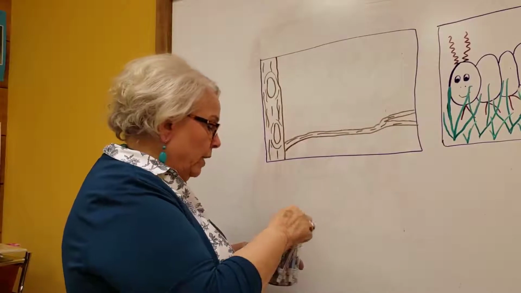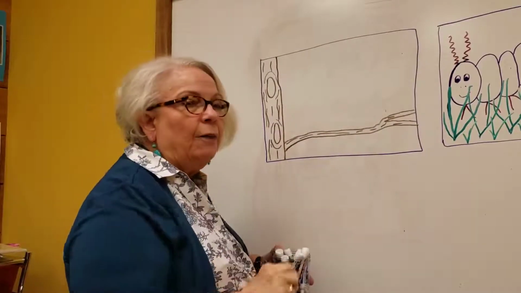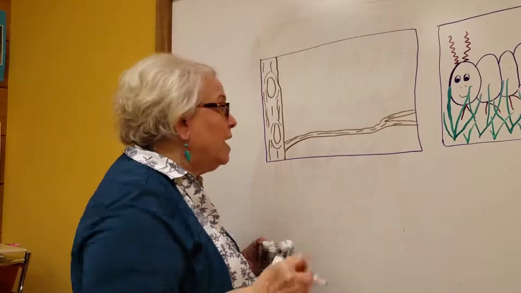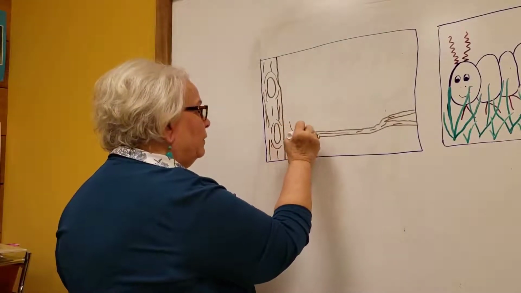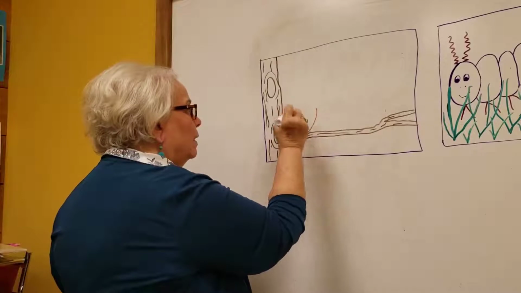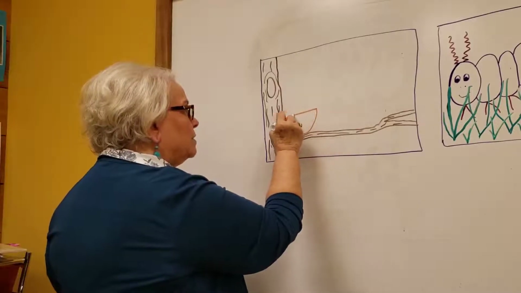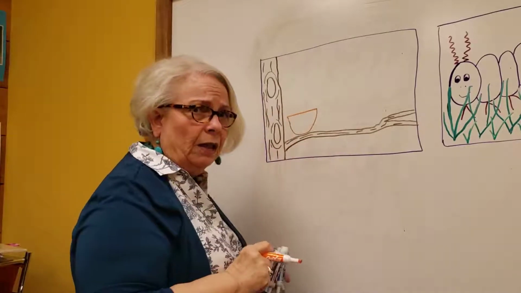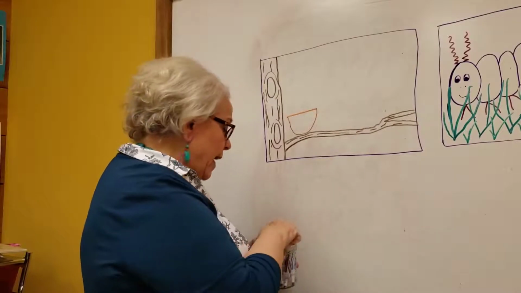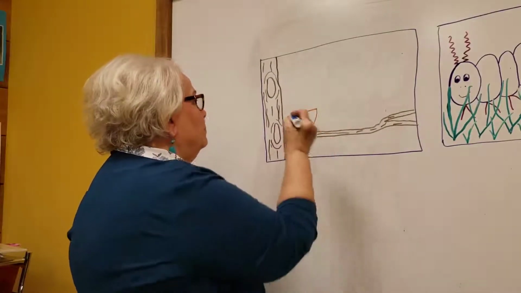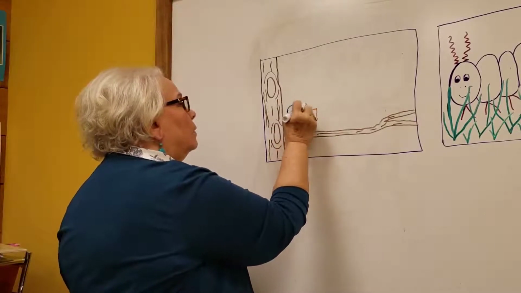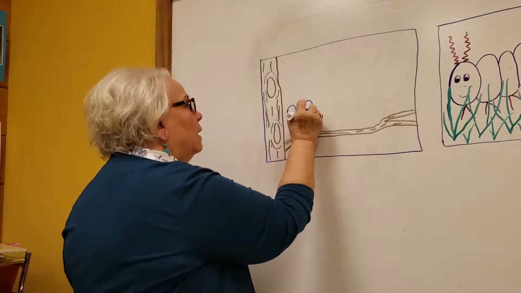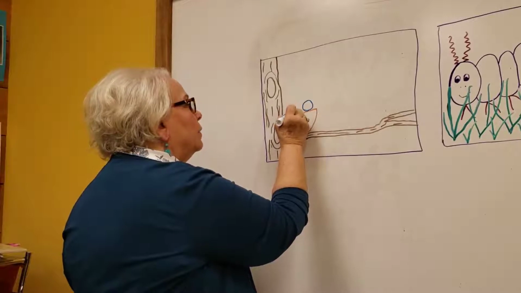So what I'm going to do here on that branch of that tree is draw a half circle, a curvy line, and then connect it with a straight line. Would you do that as well on your picture? And I'm going to draw a half circle right here, and I'm going to make it a complete circle.